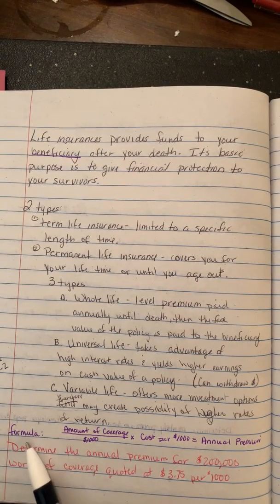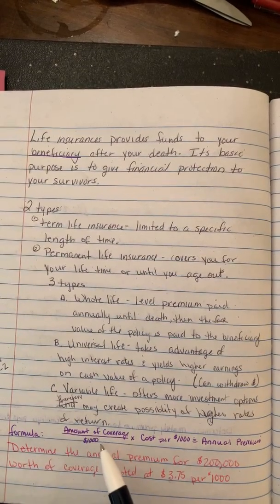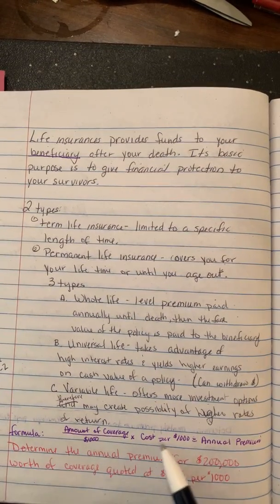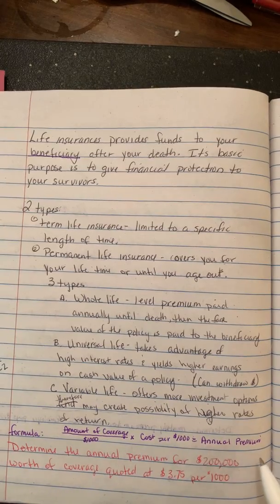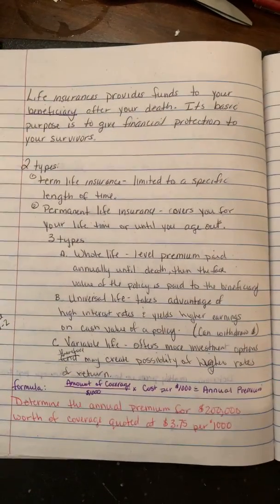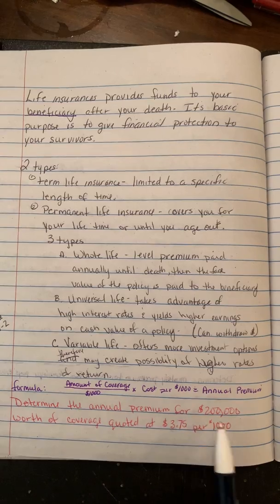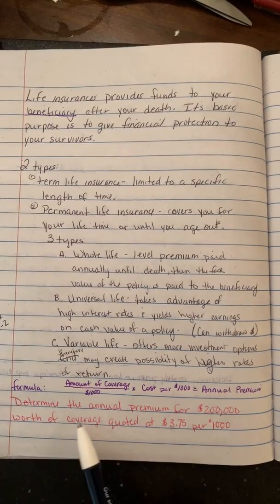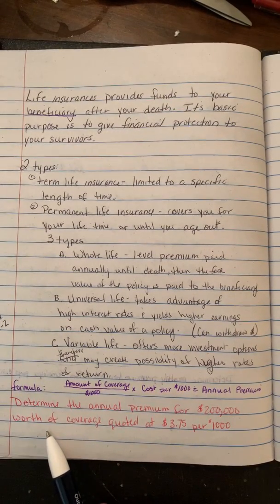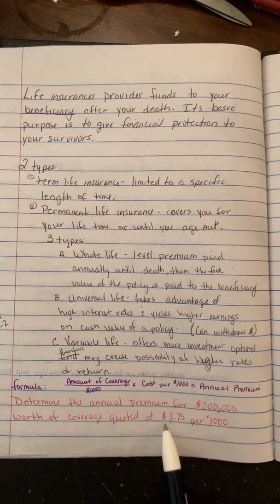So the formula for determining an annual premium is the amount of coverage divided by 1,000 times the cost per 1,000. That's going to be your annual premium. So we're going to determine the annual premium for a $200,000 policy quoted at $3.75 per thousand.